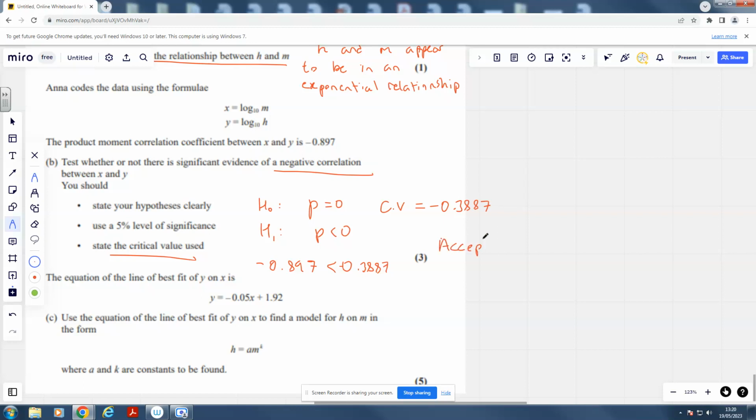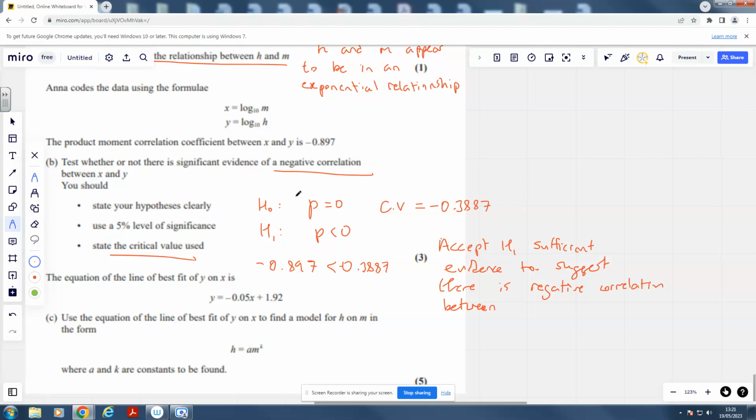I like to be positive and tell them what I'm accepting. Yeah, because it's closer to minus 1, it suggests there's correlation. Sufficient evidence to suggest negative correlation. There is negative correlation between, what is a negative correlation between?